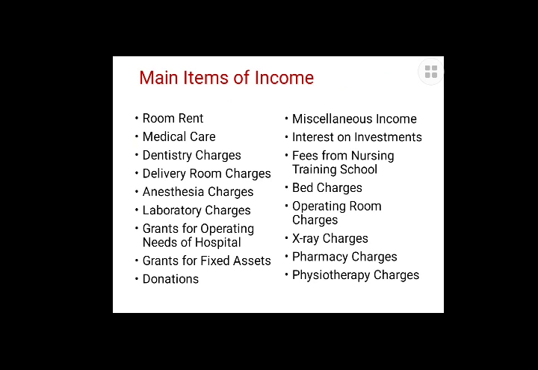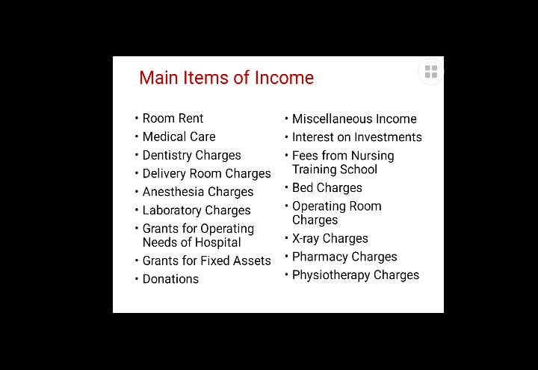The hospitals may earn through room rent, medical care, dentistry charges, delivery room charges, anesthesia charges, laboratory charges, grants for operating needs of hospital, grants for fixed assets, donations, miscellaneous income, interest on investments, fees from nursing training schools, bed charges, operating room charges, x-ray charges, pharmacy charges, physiotherapy charges.